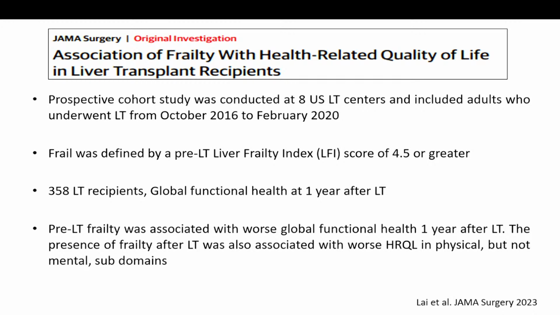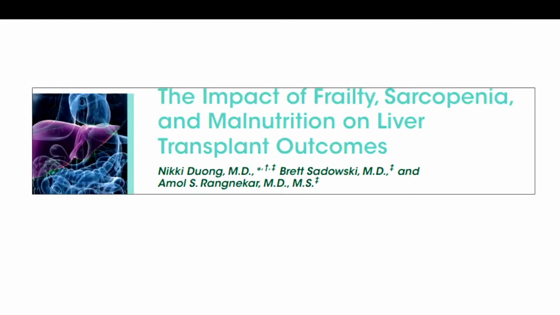She showed, with cumulative data from 8 US liver transplant centers, that among 358 liver transplant candidates, pre-transplant frailty was associated with worse global functional health at 1 year after transplant. So even in the long term, your frailty does impact the outcome. That is the message from the study.